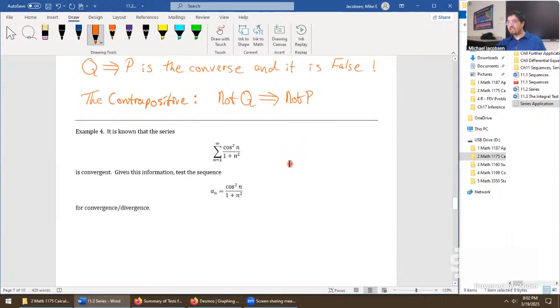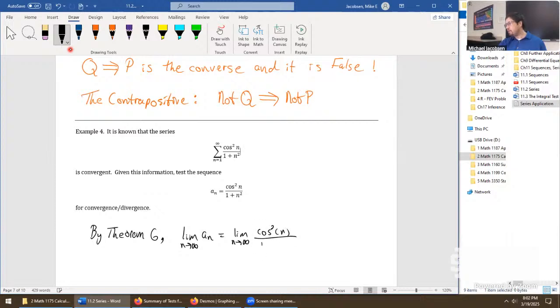So this is like the world's fastest problem for a sequence. We can say by theorem 6, the limit as n goes to infinity of a_n, which is the limit as n goes to infinity of cosine squared n over 1 plus n squared, is automatically zero, and we don't have to think too much about it.